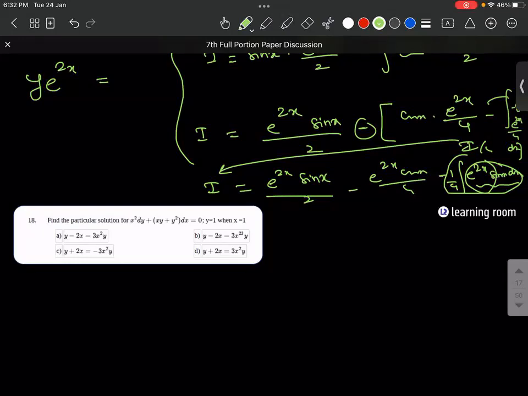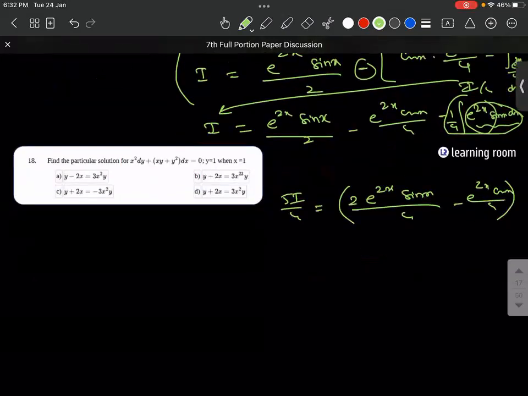Okay, you will get 5I by 4. So 5I by 4 is equal to 2 times e power 2x sin x by 4 minus e power 2x cos x divided by 4. Can I write it like this? 4 and 4 are lost.